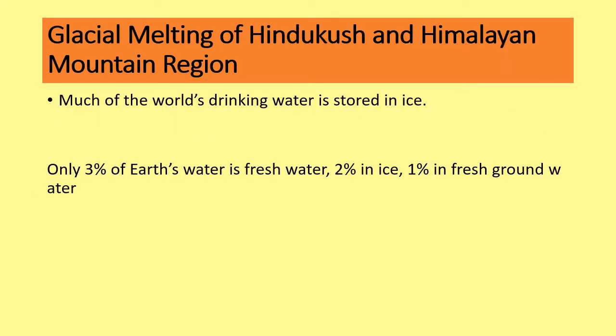Glacial melting is very important because much of the world's drinking water is stored in ice. Only 3% of the earth's water is fresh water, with 2% in ice and 1% in fresh groundwater. So that 2% plays a very important role in Earth's terrestrial water budget.